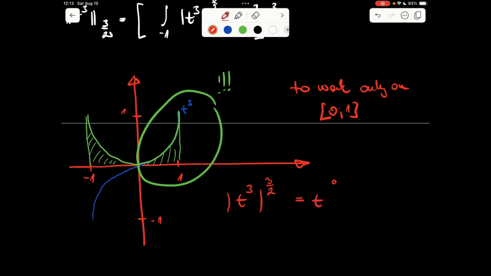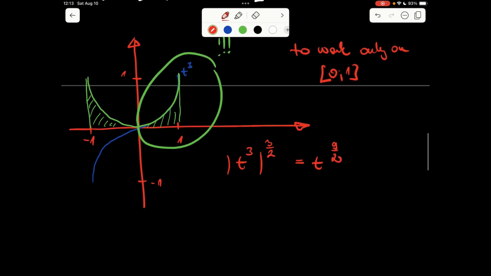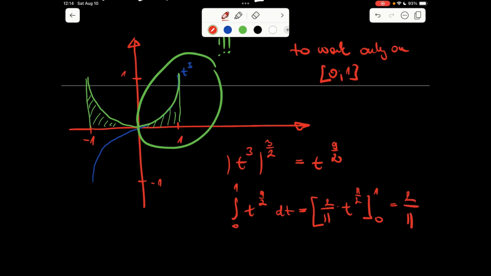So here we have this function, and the integral is simply between 0 and 1, 2 over 11.